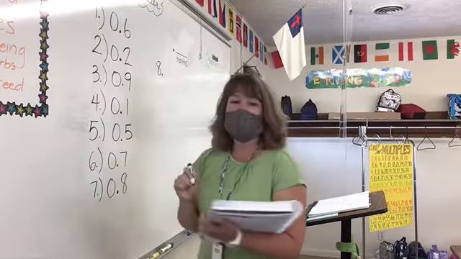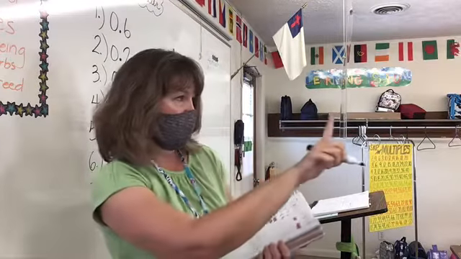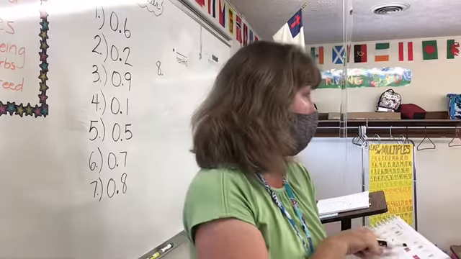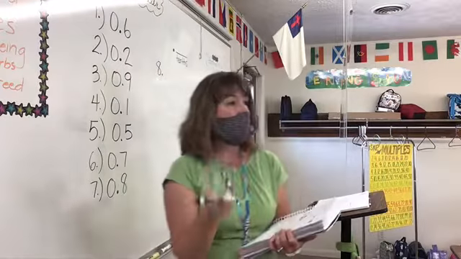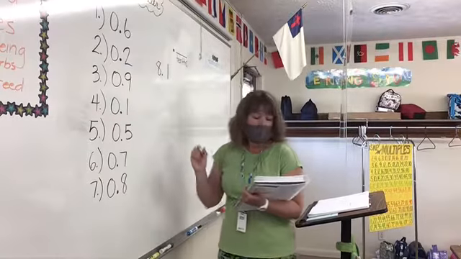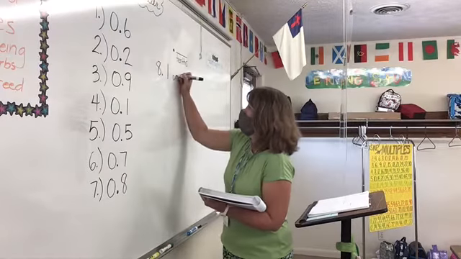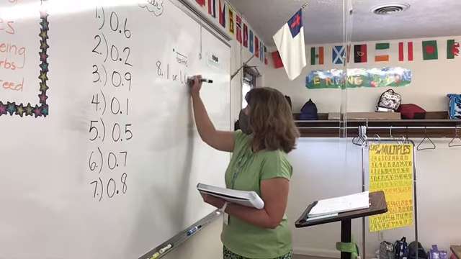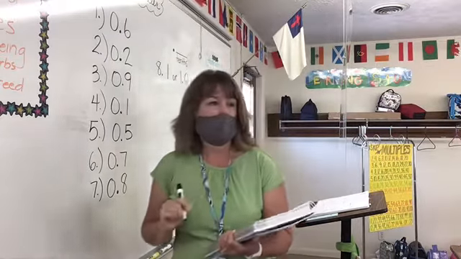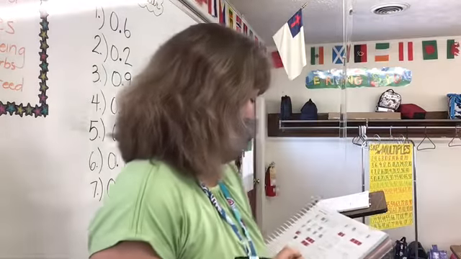The same number as 10 tenths is 1, right? Because isn't that whole thing colored in? So we could either write it 1, just like that, or 1 whole and 0 tenths. I wrote 1.0.